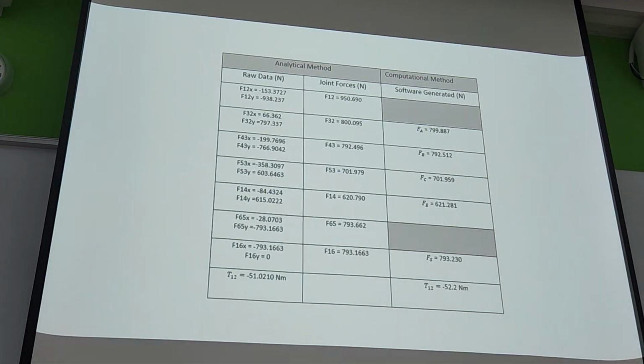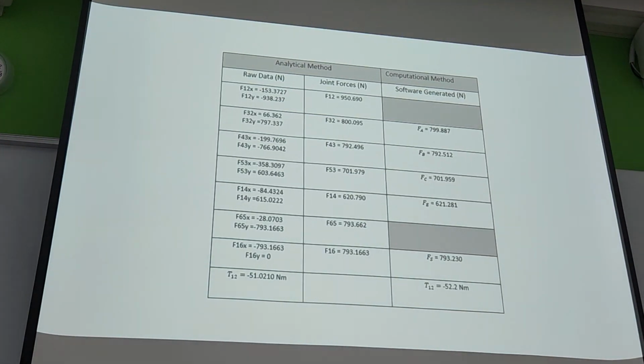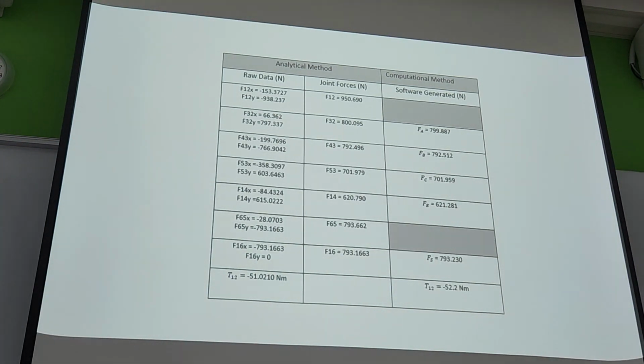Then try to simulate and get all the values, then compare with your graphical position analysis, graphical velocity analysis, and acceleration analysis, because from working model simulation, you can get all values including the forces.